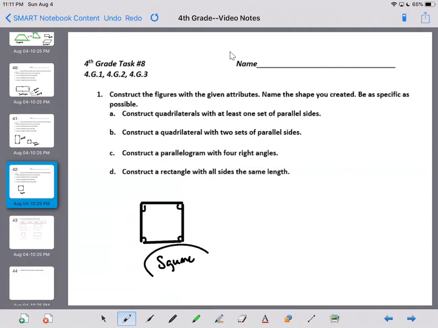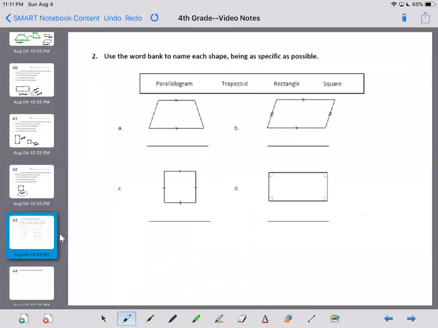Remember, a square contains all of those characteristics. So that concludes task 8. No, it doesn't. There's a part 2 to that.